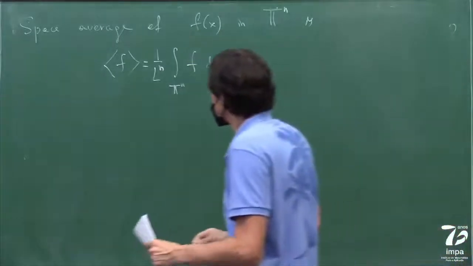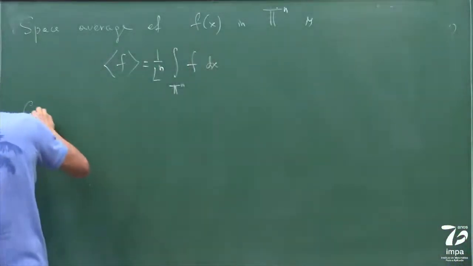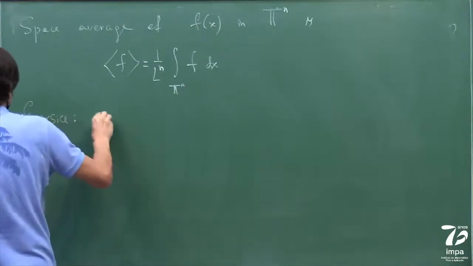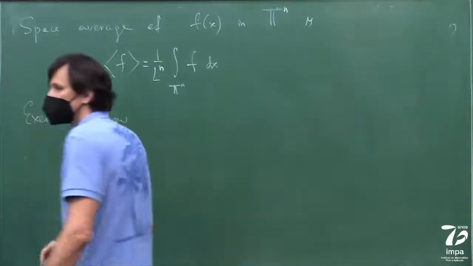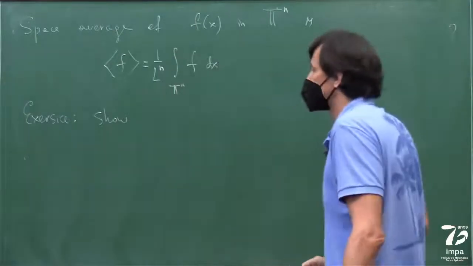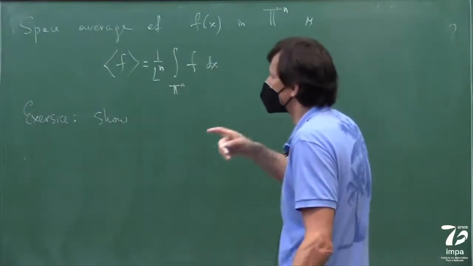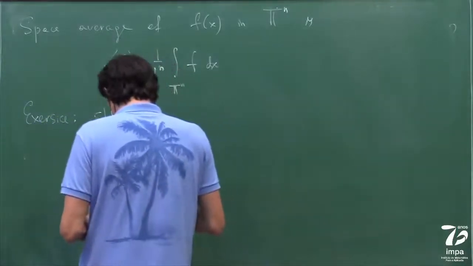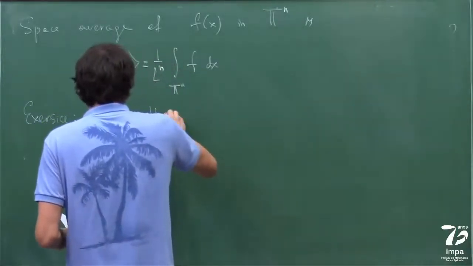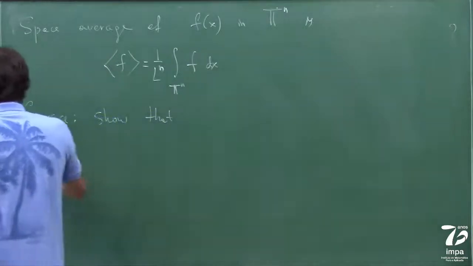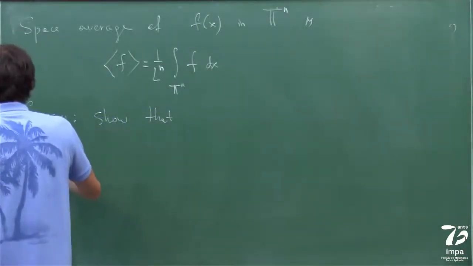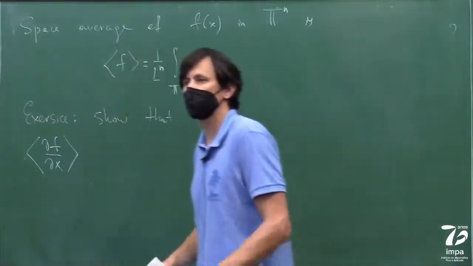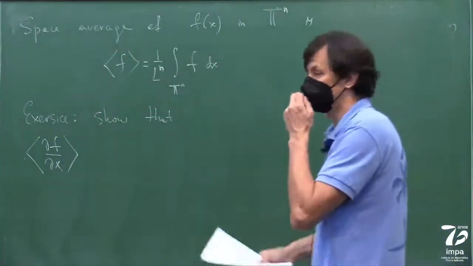Okay, so the simple exercise is to show different identities which just directly follow from the periodic boundary conditions. So show, for example, that the average of any derivative of a function is 0.